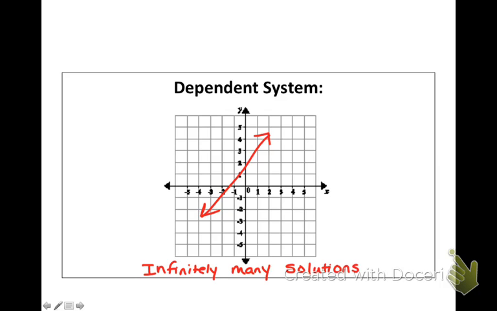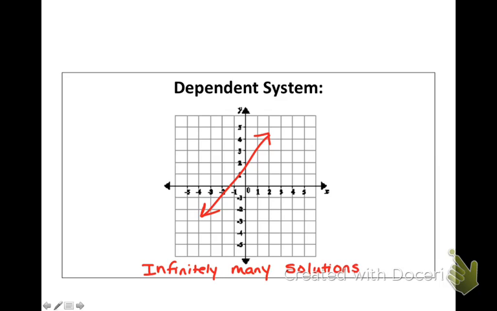So all real numbers would be every single point on the coordinate grid. So I can't say all real numbers because this line does not have all real numbers. It only has the numbers selective to that line. So that's why we say infinitely, because there's an infinite number of numbers on there. Infinitely many solutions, which is different than all real numbers.